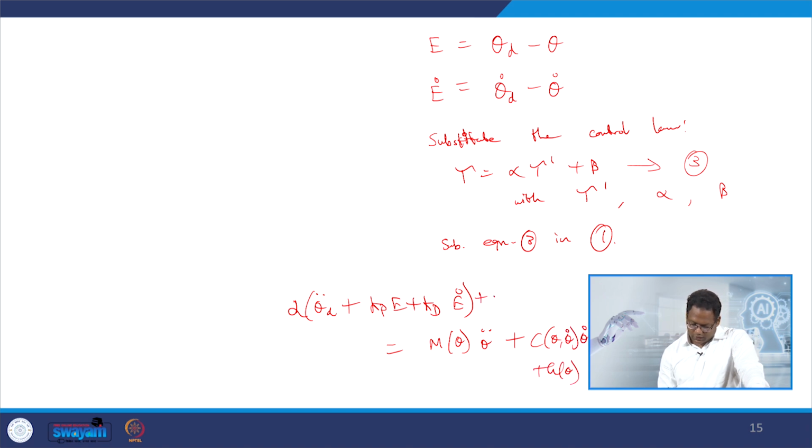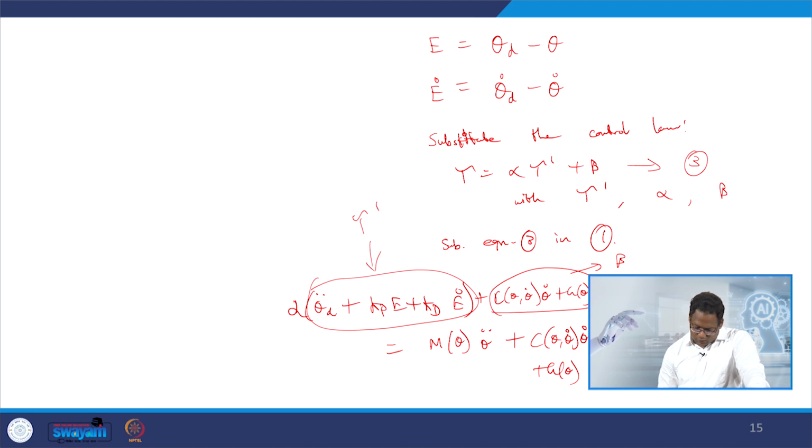Here the beta is C of theta comma theta dot into theta dot plus G of theta. This represents the beta value, and this represents the tau dash value. Then alpha can be replaced by M of theta.